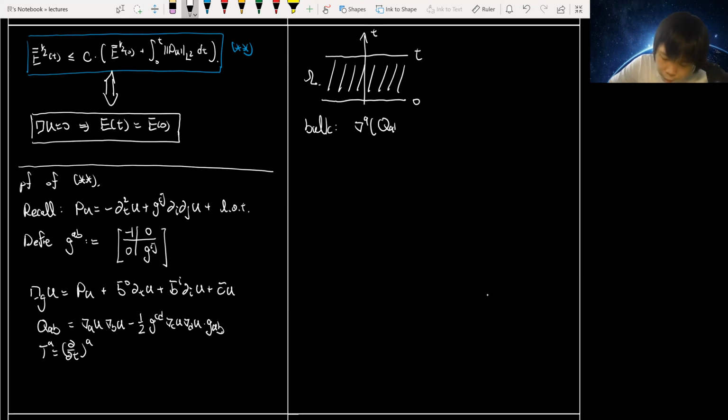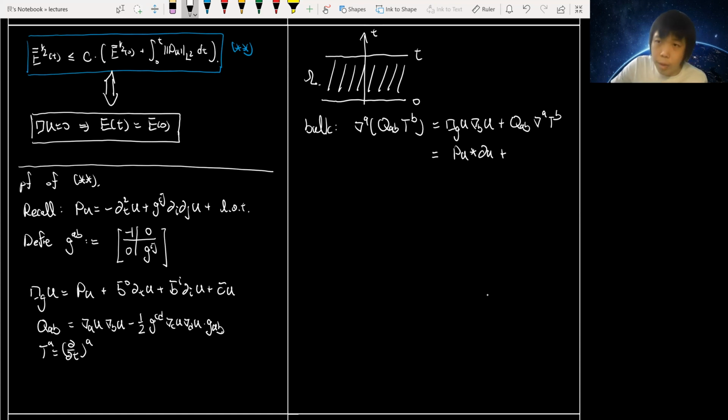Now the divergence of Q_AB times T will no longer be 0 for two reasons. First, the box of u is not 0. Second, for this Lorentzian metric g, T may not be a Killing vector, so we can pick up this second term. But all of this can be expressed in this form: Pu, more or less box u, times the first order derivative of u.